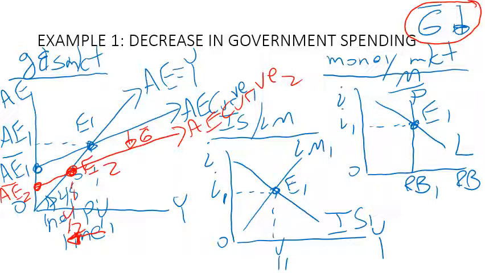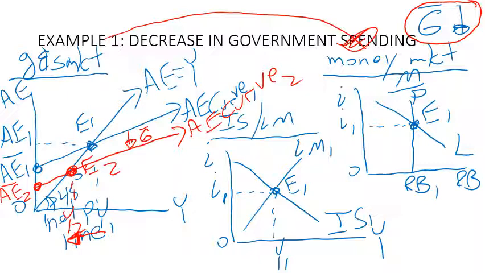Now, this decrease in government spending, which started in the goods and services market, will eventually spread into the money market. So the question is, will the money supply or money demand curve be affected?